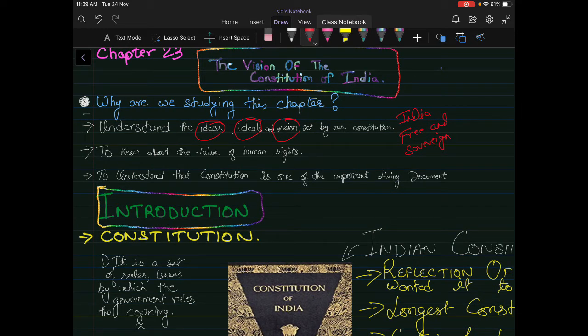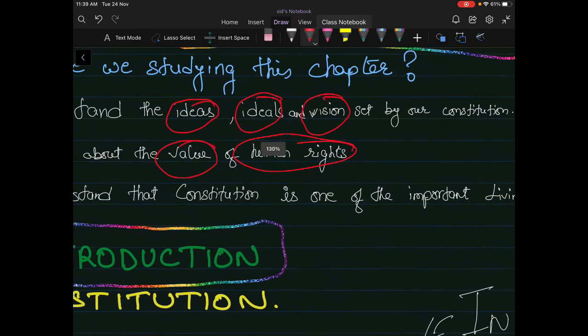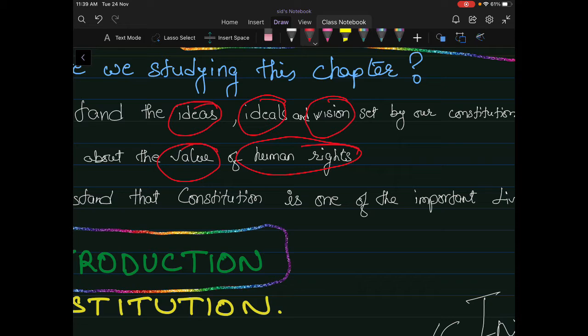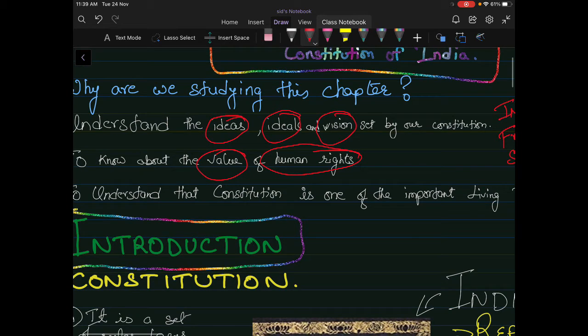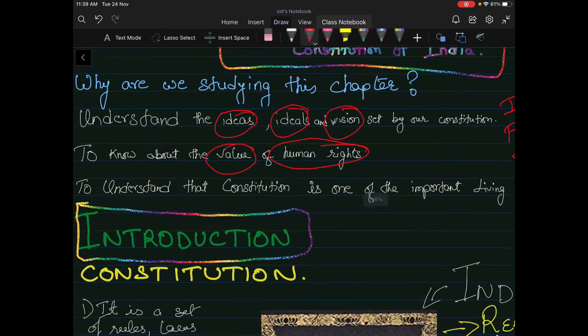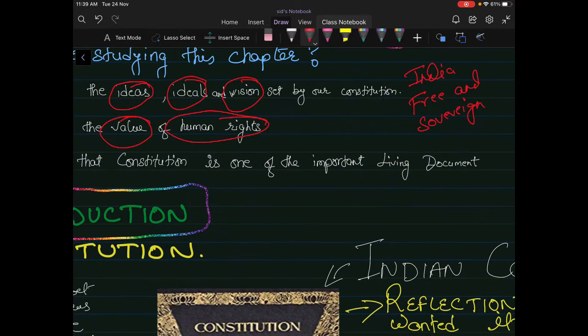And another one is to understand the value of human rights. Okay, so in this chapter we will be learning about some of the fundamental rights. So while studying this chapter, we need to understand the human rights and also know to value them. And the last one is to understand that the constitution is one of the most important living documents.